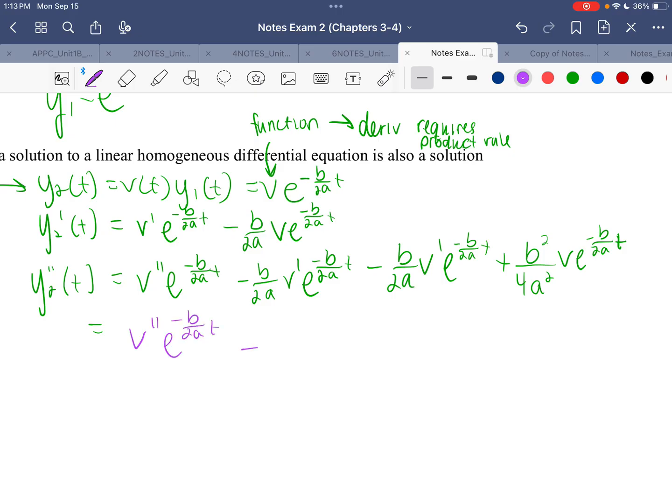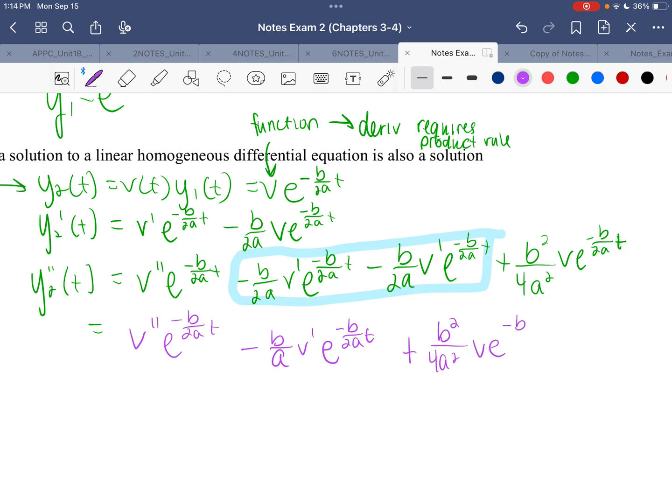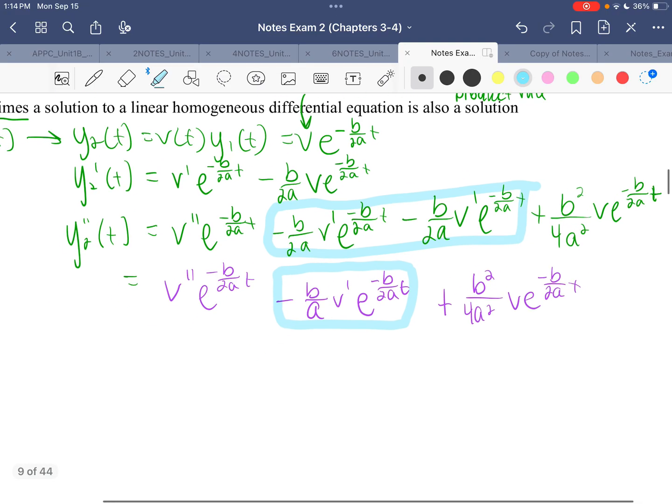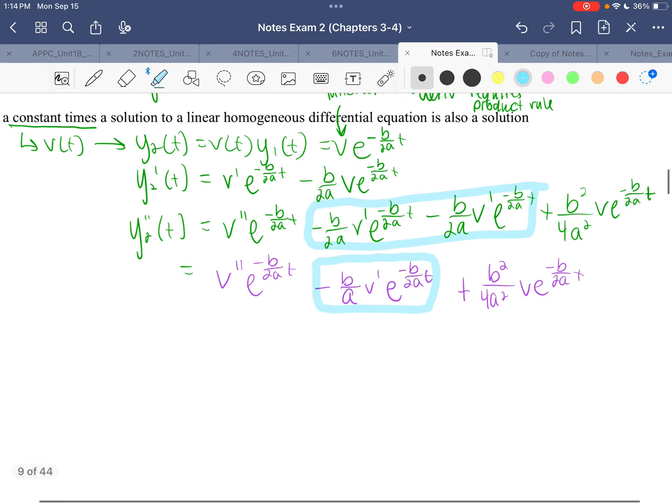And then those b over 2a's, there's 2 of them, so it's simplified to just be b over a, v prime e to the negative b over 2a t, plus b squared over 4a squared v e to the negative b over 2a t. Okay, and I kind of warp speeded that.